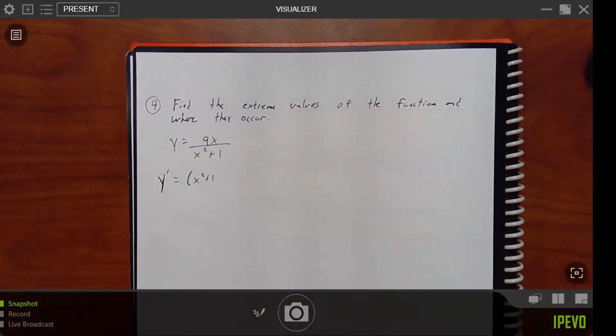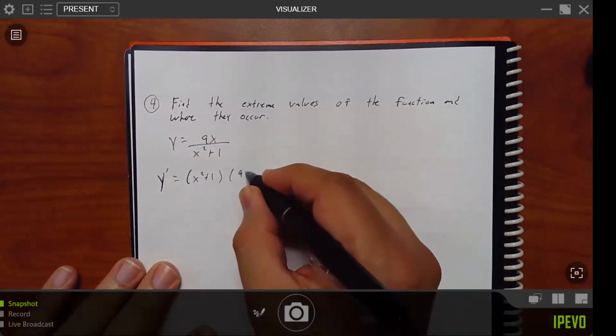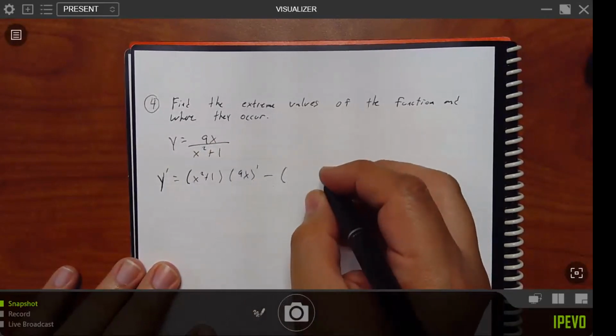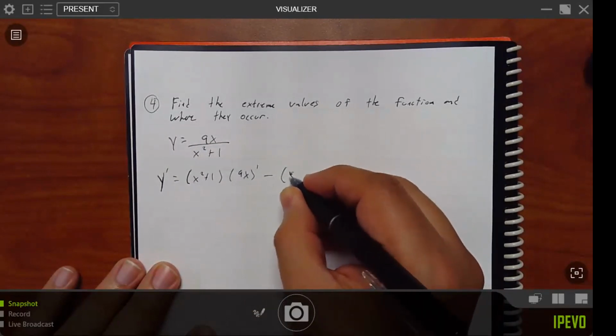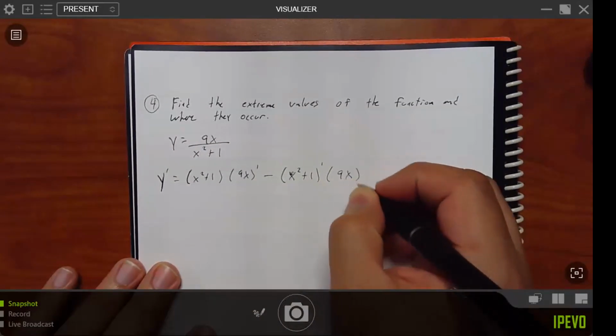Double check the formula. Yeah. It's the bottom times the top derivative minus the bottom derivative times the top.